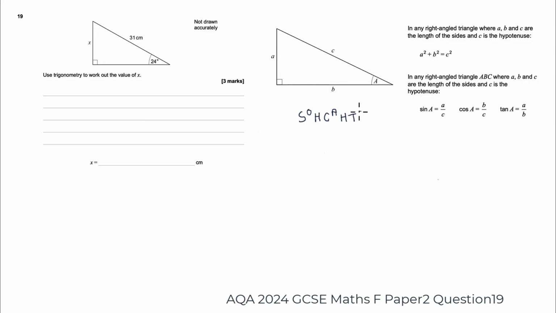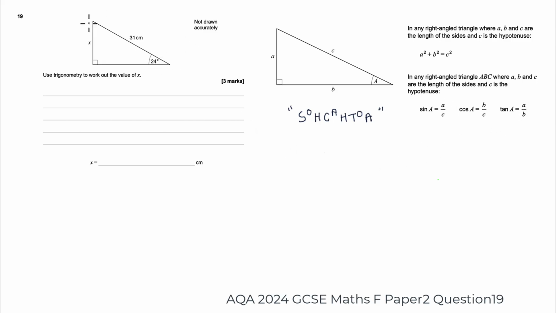Tan is opposite over adjacent. Now, there's a word that says SOHCAHTOA. You might well have been taught that the sine, cosine and tangent, you can remember which side to divide by which, by using SOHCAHTOA. But you do get this on your formula sheet.